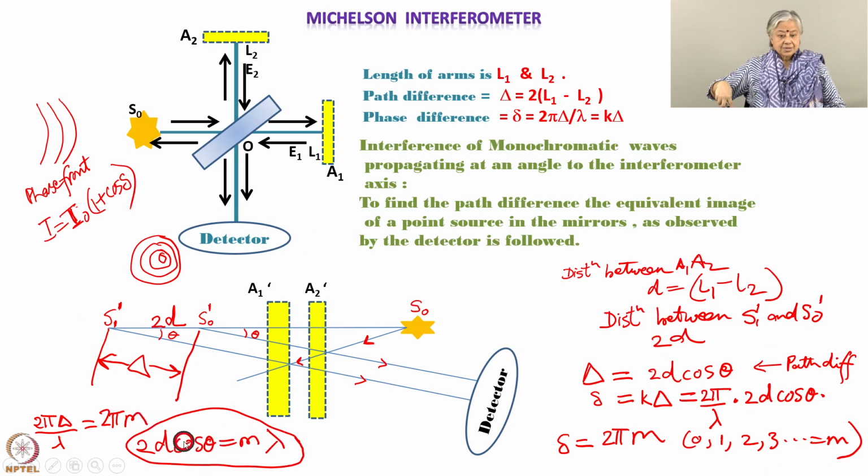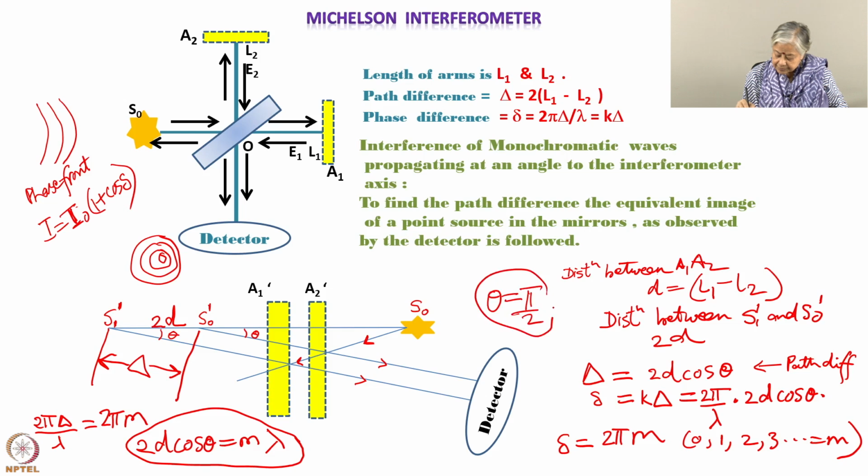So this is the order, and theta gives you this angle. To what extent this angle can go while this formula is valid: theta should not be very far away from pi by 2.